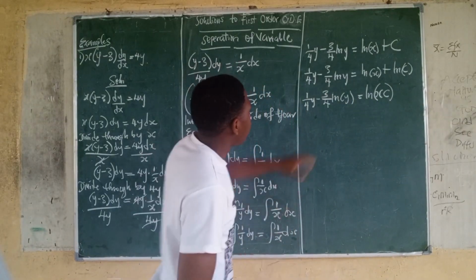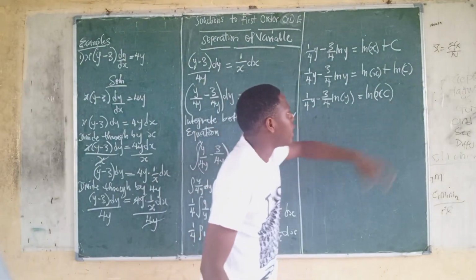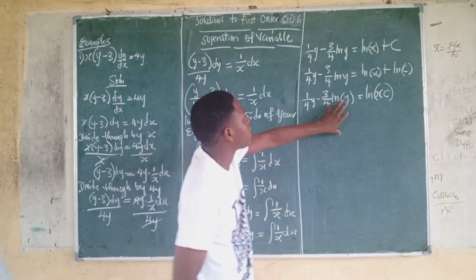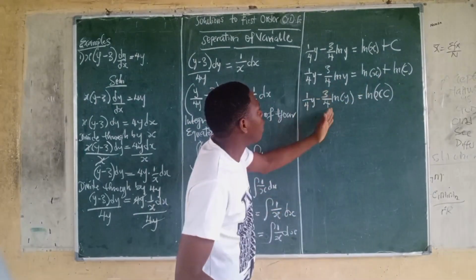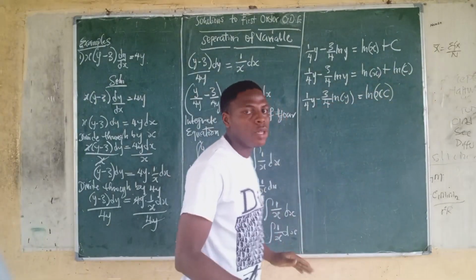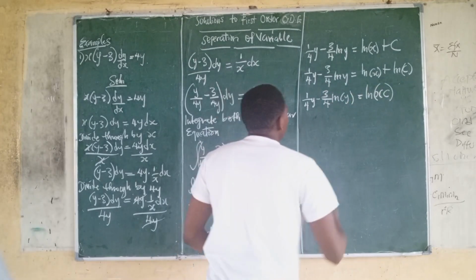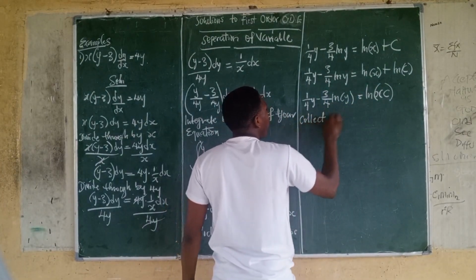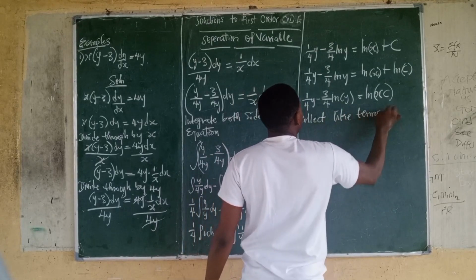What's the next thing? We can see ln on this other side of the equation, and we are seeing ln on this other side. The next thing is to collect like terms, because this is carrying ln, and this is carrying ln. So we can take 3 over 4 ln y to the right hand side of the equation.